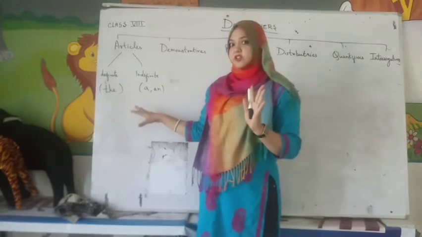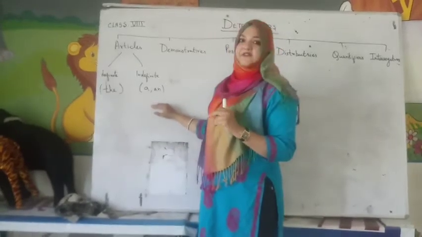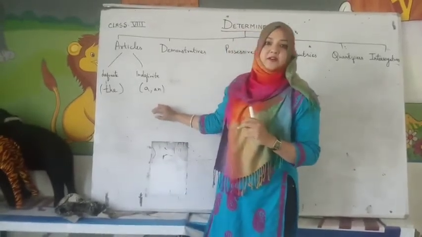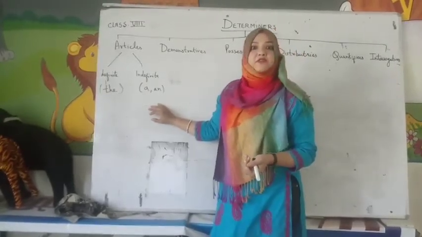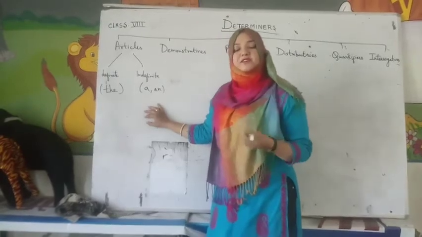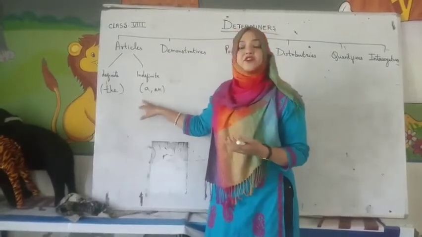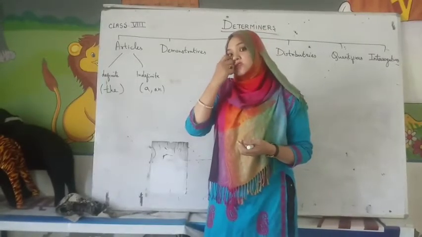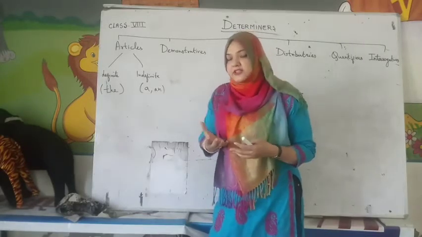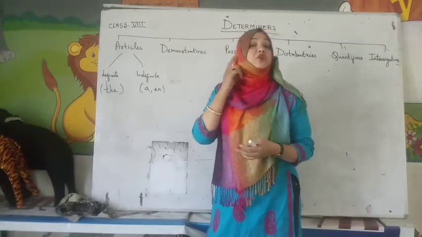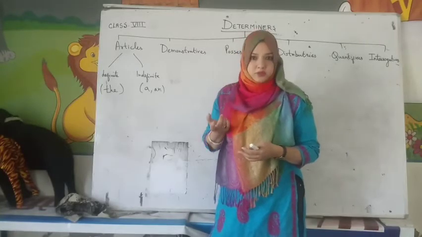Now you understood these. Now indefinite. Indefinite is a and an. You know where we use a? We use a in front of words which start with consonants, or have a consonant sound.